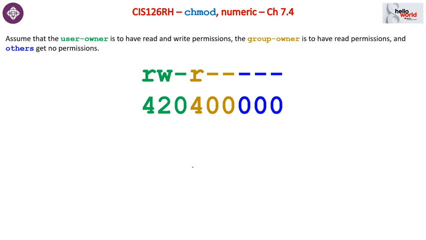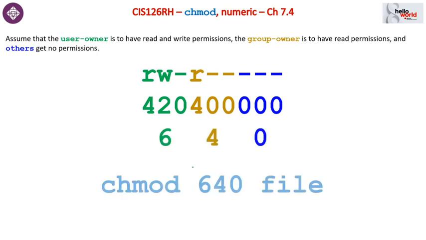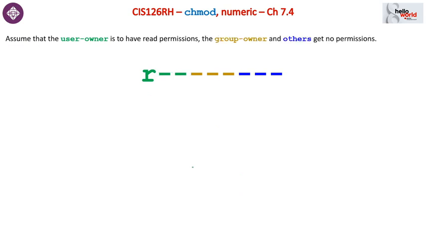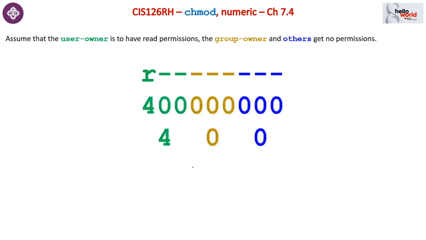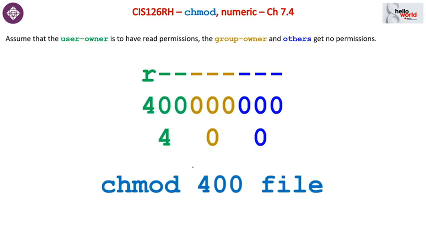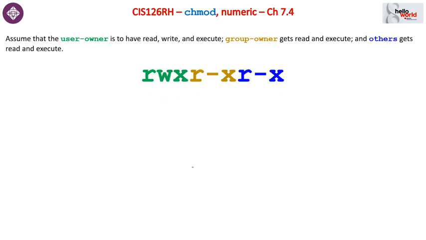So it's going to be 420, 400, 000. Remember we always do these in groups of 3, so we get 640, and then there's the command. So what would this one be? There you go. How about this one?